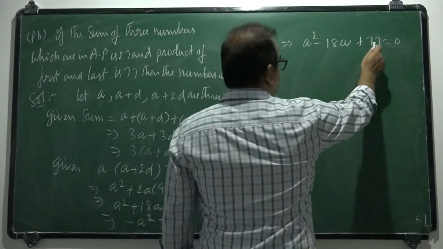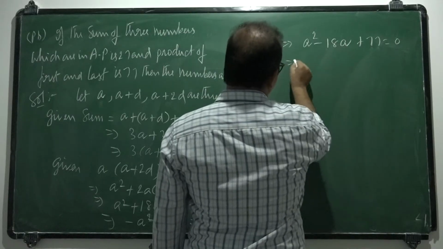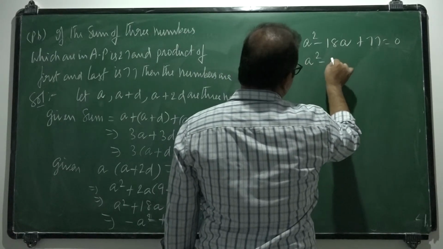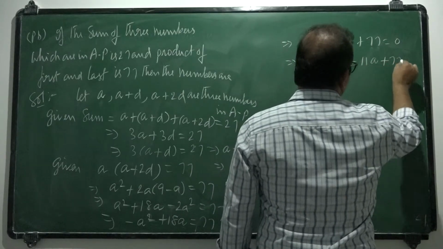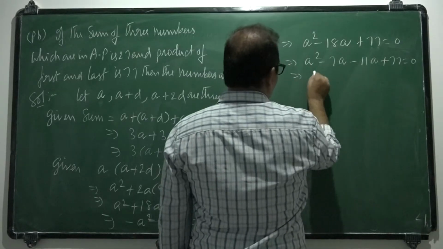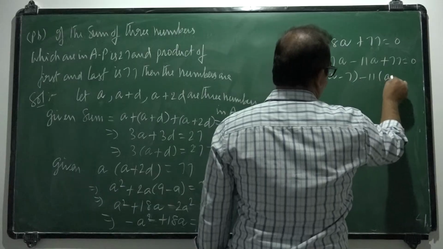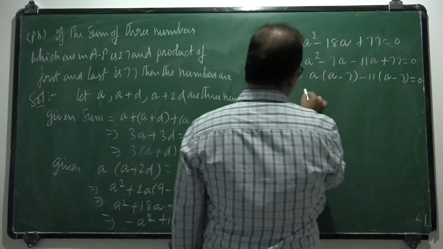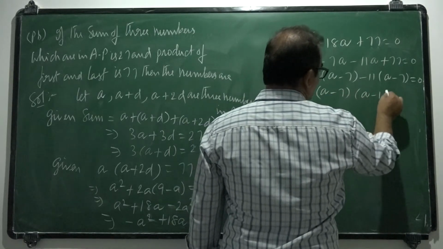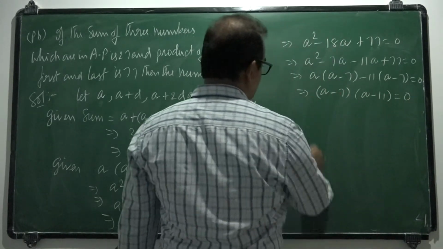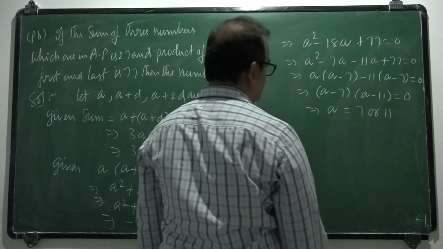Find the factors: 11 into 7, 77, 11 plus 7, 18. a into a minus 7 minus 11 into a minus 7, that is a minus 7 into a minus 11 is equal to 0.